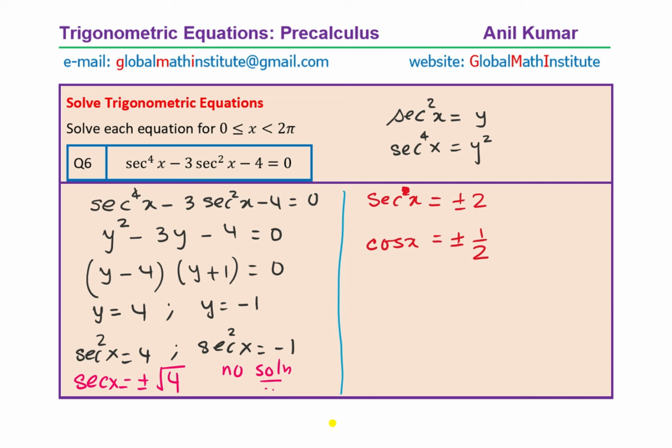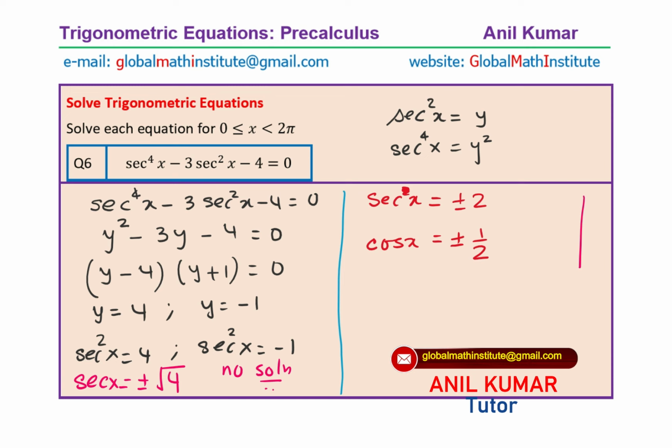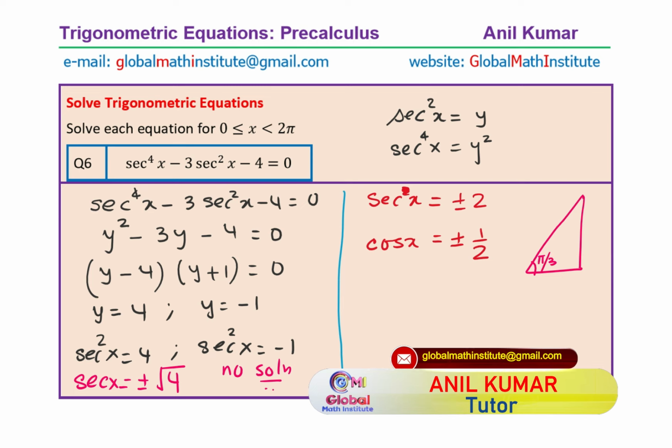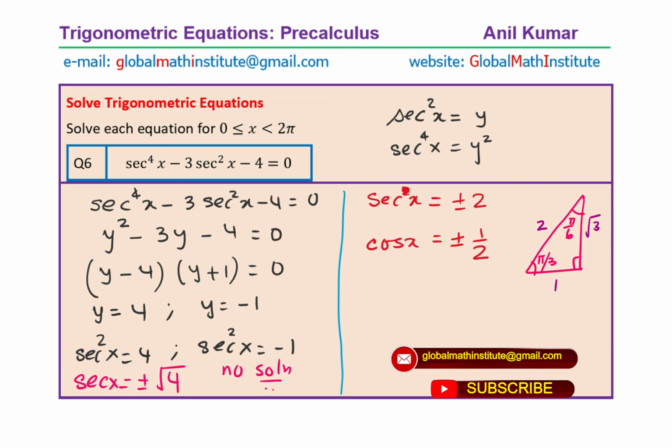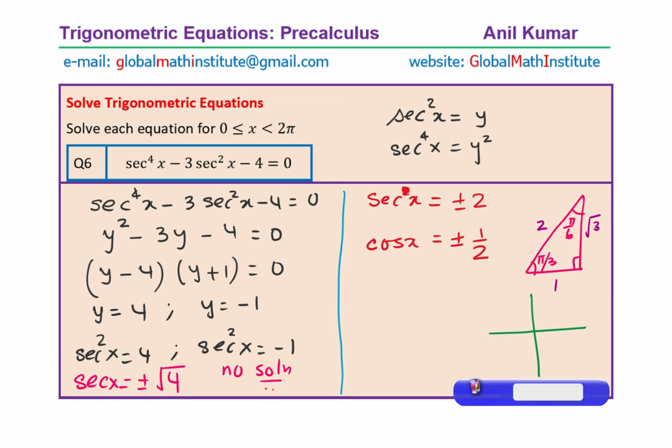So to find x, let's look into the special triangle, which is pi by 3, pi by 2, pi by 6, right? The sides, as you know, are 1, square root 3 and 2. Cosine x is plus minus half. That means we are looking into pi by 3. Now plus and minus means we have 4 quadrants, right? In all the 4 quadrants we have the solution.